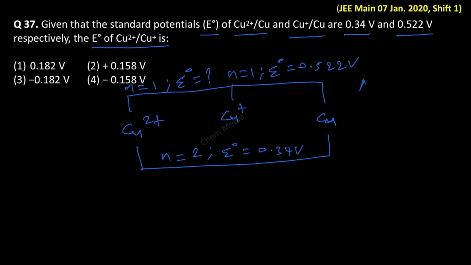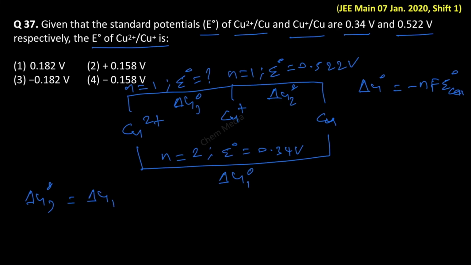We know that delta G standard is equal to minus NF Ecell standard. So therefore, let us keep this one as delta G1 standard, this one as delta G2 standard, and this one as delta G3 standard. So therefore, delta G3 standard is equal to delta G1 standard minus delta G2 standard.